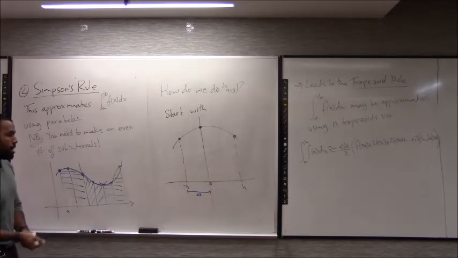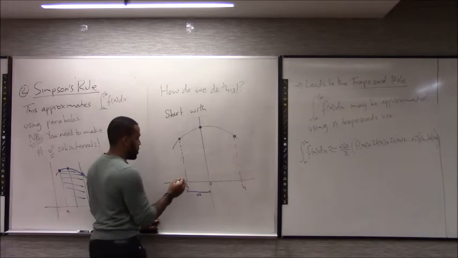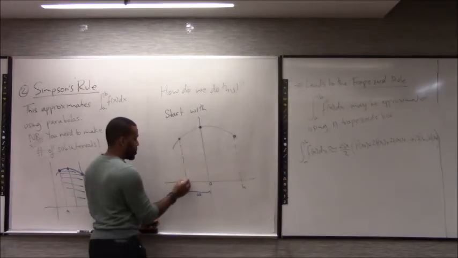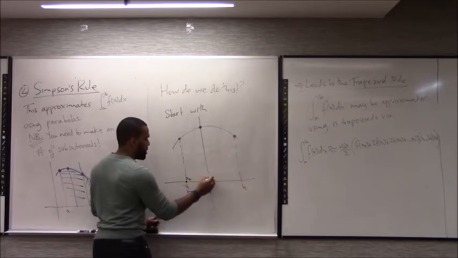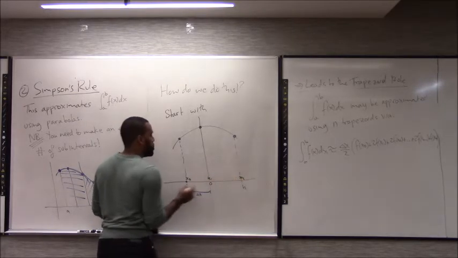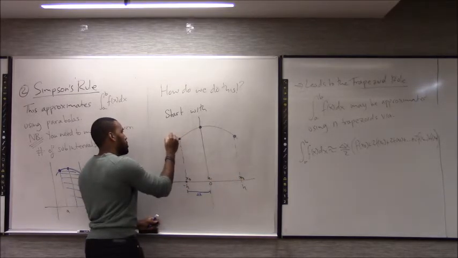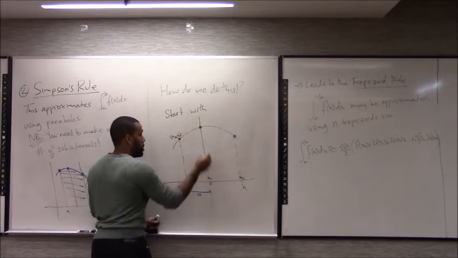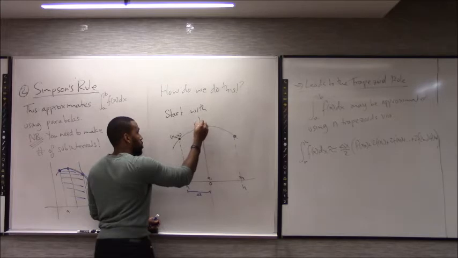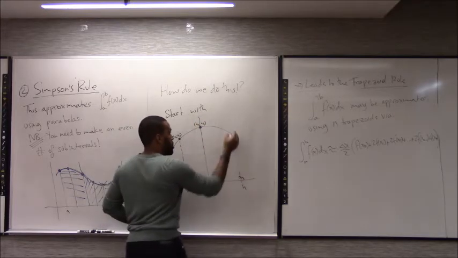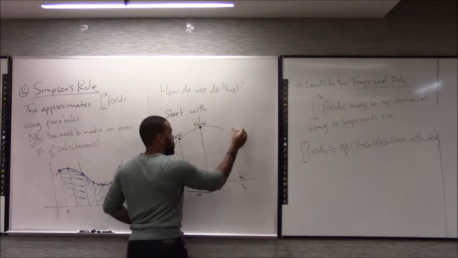As well as I'm going to call this x coordinate x0, this is x1, this is x2, and the corresponding y values, this is going to be x0, comma y0, and this will be x1, comma y1, and this will be x2, comma y2.